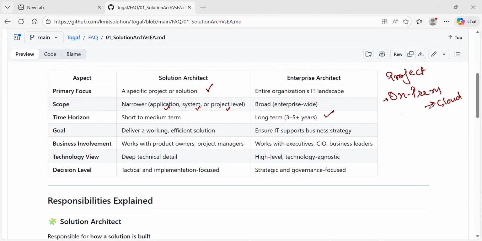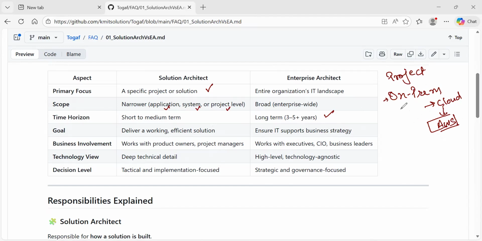Whereas, for example, the solution architect is working on a cloud-based system like AWS or Azure and providing the solution for how a particular migration can be done with the help of a cloud-based provider. So that is basically the solution architect's role.